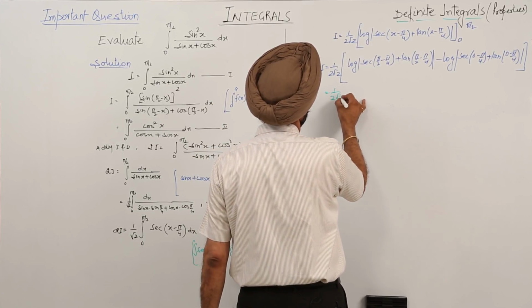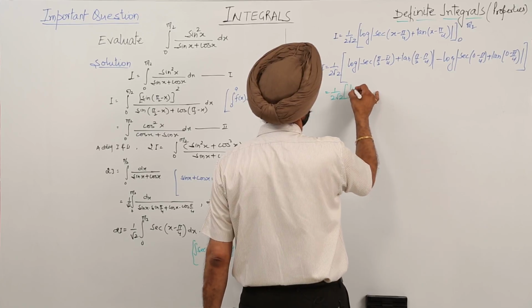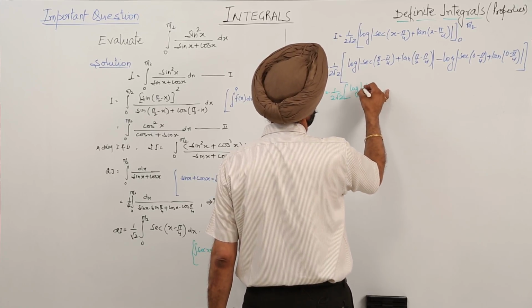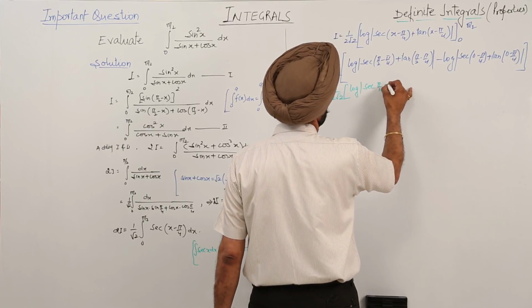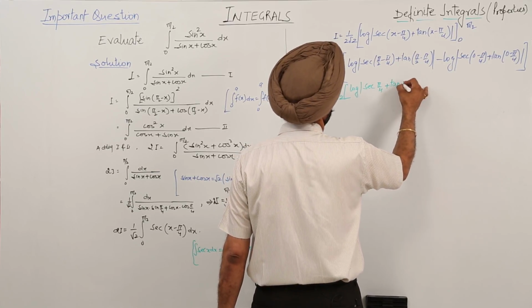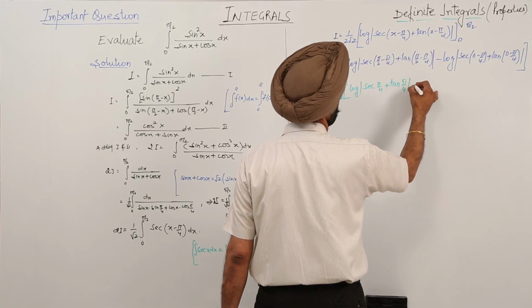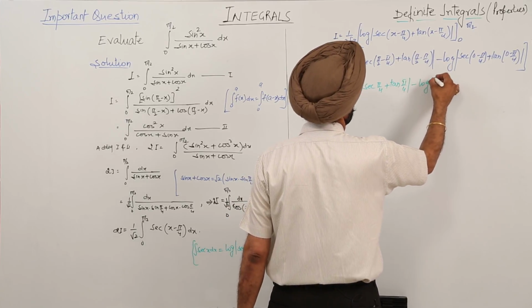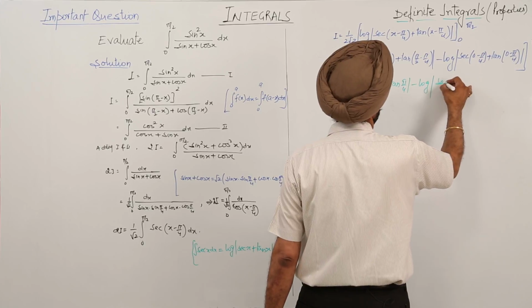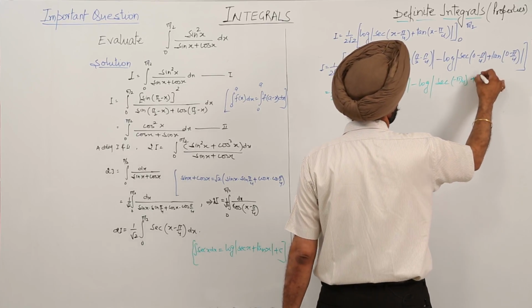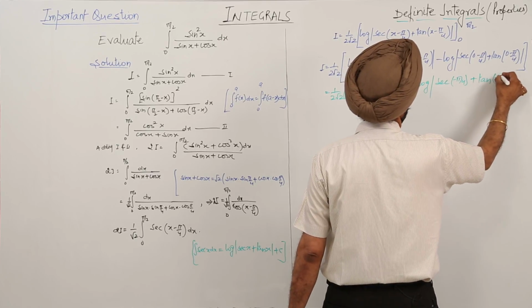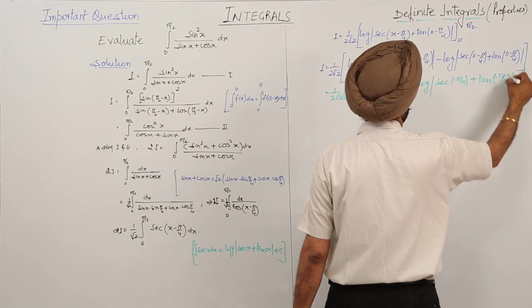Now this becomes 1 upon 2 root 2 log of secant pi by 4 plus tan pi by 4 minus log of secant minus pi by 4 plus tan minus pi by 4.